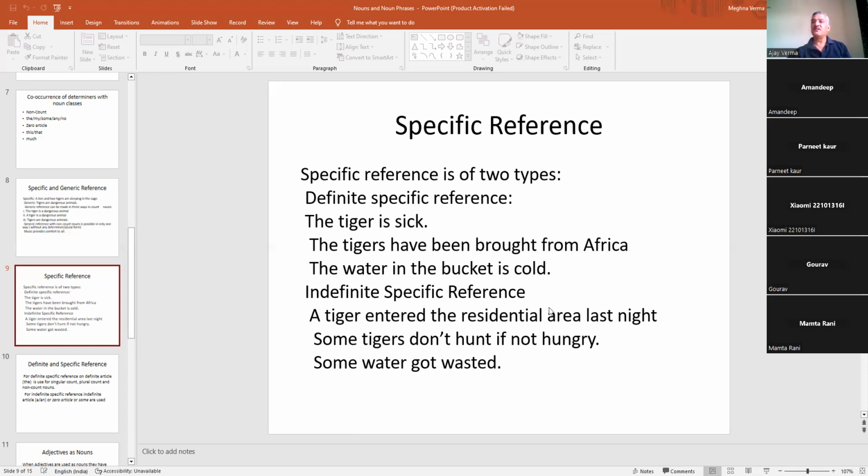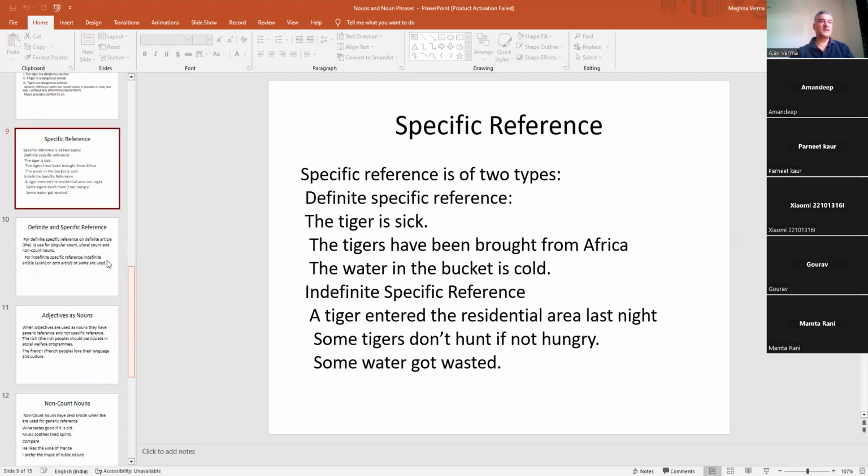Indefinite specific reference is a reference in a very general and loose sense, as I said, basically linked with the sense of one. A tiger entered, an unknown tiger, some tiger entered the residential area. So this is specific reference, which, as we have tried to learn, is definite specific reference and indefinite specific reference.